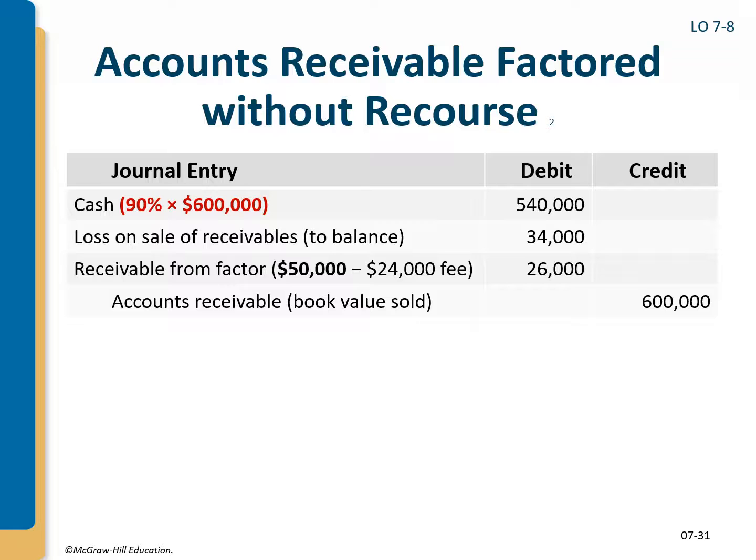No, this is just for sales returns and allowances that may occur from the day they sold the receivables to the actual collection date related to the $600,000 in receivables. Okay, so that's what that represents. And then the difference between the debits and the credits here is the loss on the sale of receivables. So we plug that in.